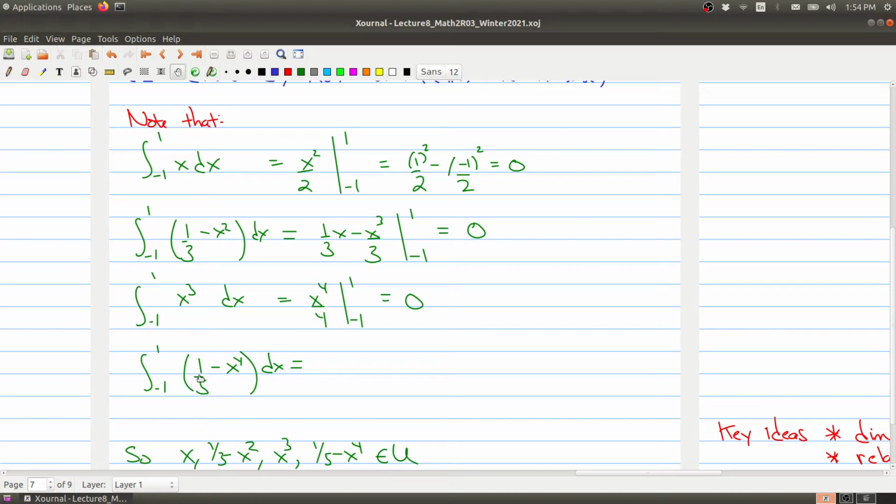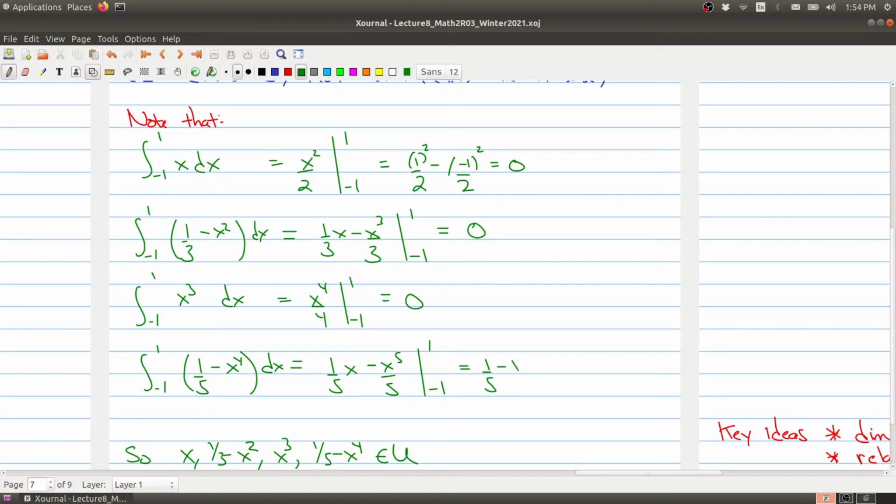And finally, if I integrate 1/5 minus x to the 4, what I get here is x/5 minus x to the 5 over 5, integrated from -1 to 1. Maybe just so you can convince yourself, I'll write out some more details.